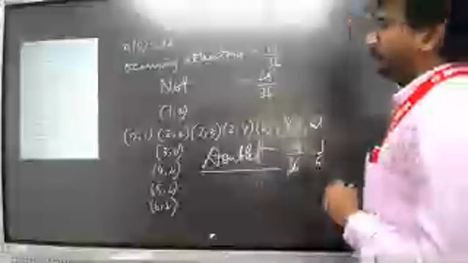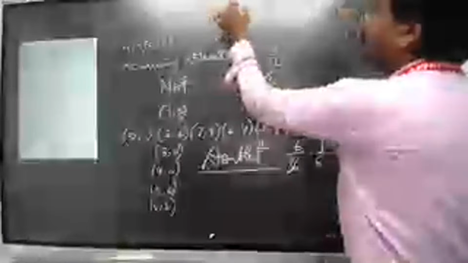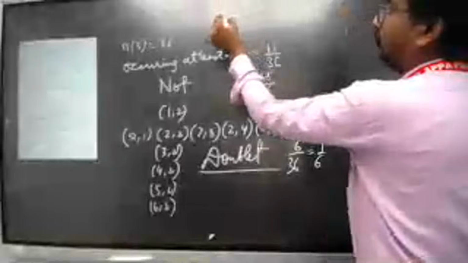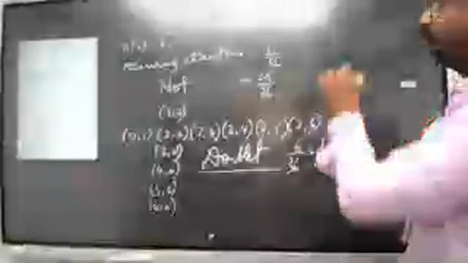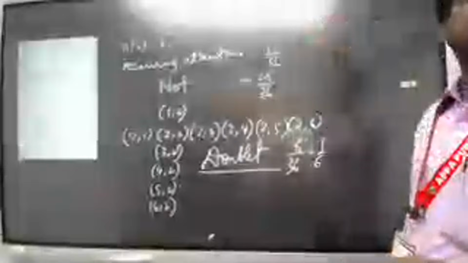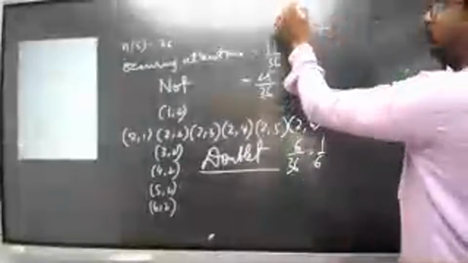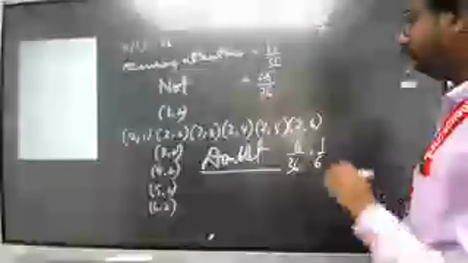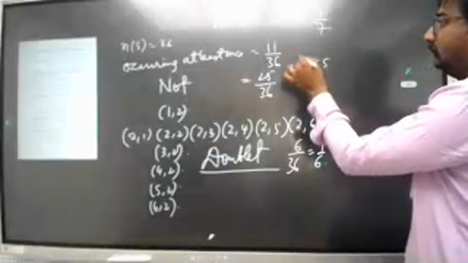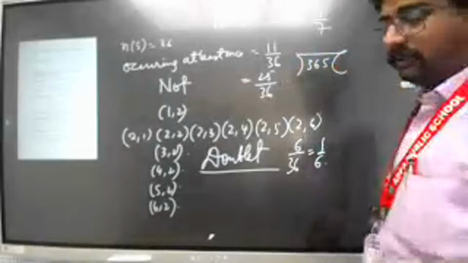Now the next concept is leap year and non-leap year probability. Any given day in a non-leap year, the answer is 1 by 7. Any given day in a leap year, the answer will be 2 by 7. In a non-leap year, how many days? 365. How do you get the number of weeks?